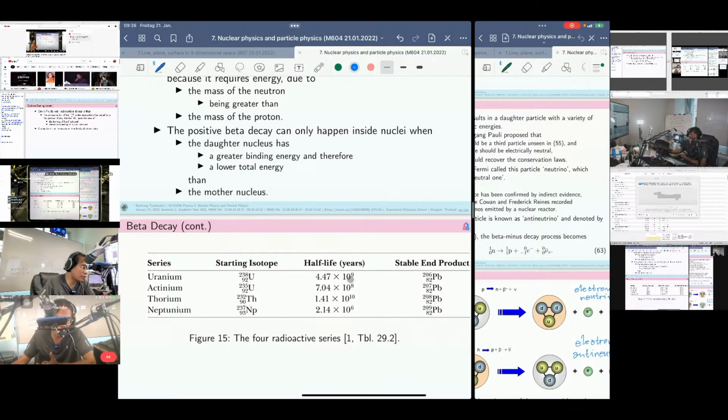Half of the initial element disappears. Actinium has a shorter half-life, around 704 million years, but thorium is even longer than uranium-238, around 10 billion years or something like that, and this one is 2 million years.